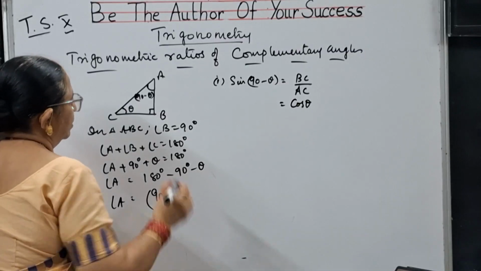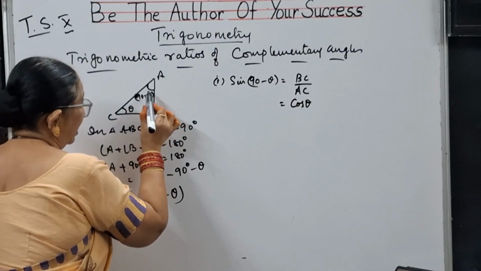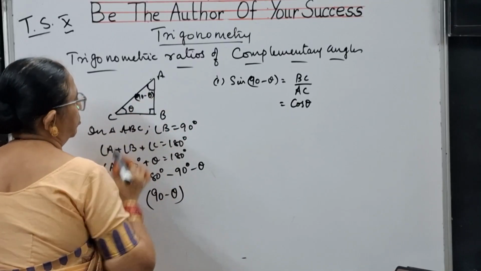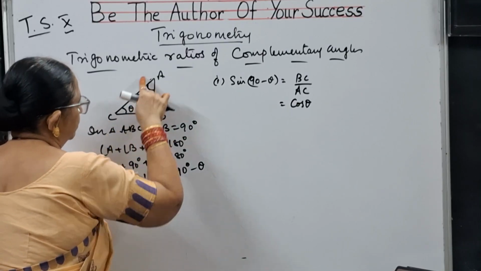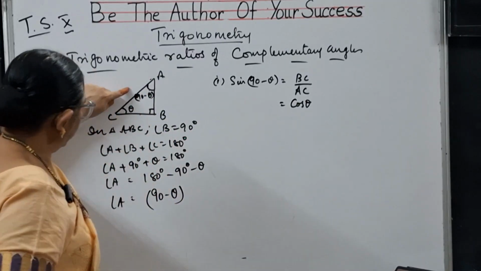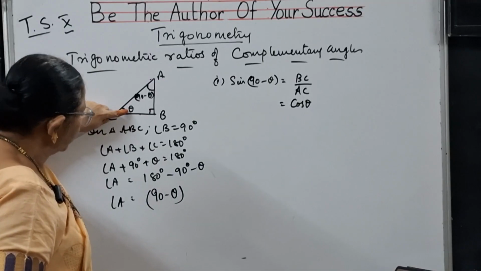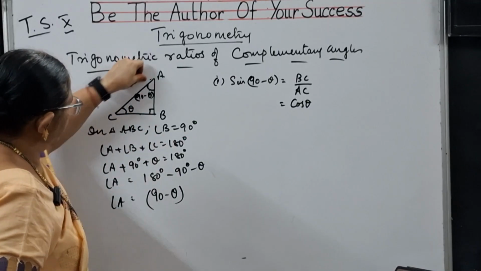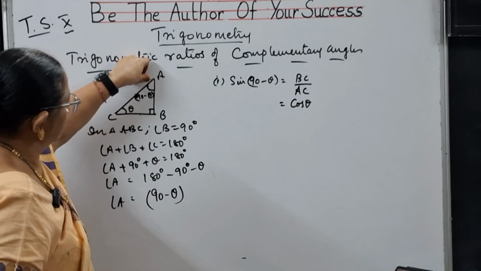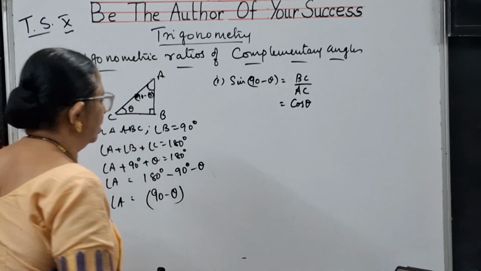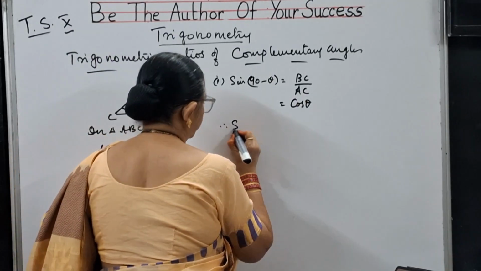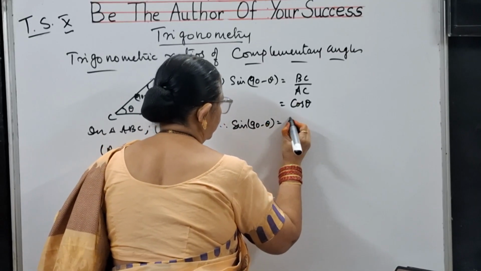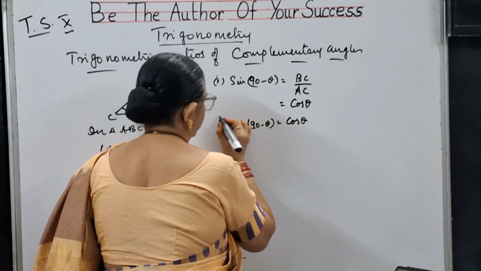Is it not so? For 90 minus theta, this is opposite side, this is hypotenuse. But when you consider in terms of theta, this becomes adjacent side and this becomes hypotenuse. Adjacent side by hypotenuse is cos theta. So what are you getting? Sin 90 minus theta is equal to cos theta.